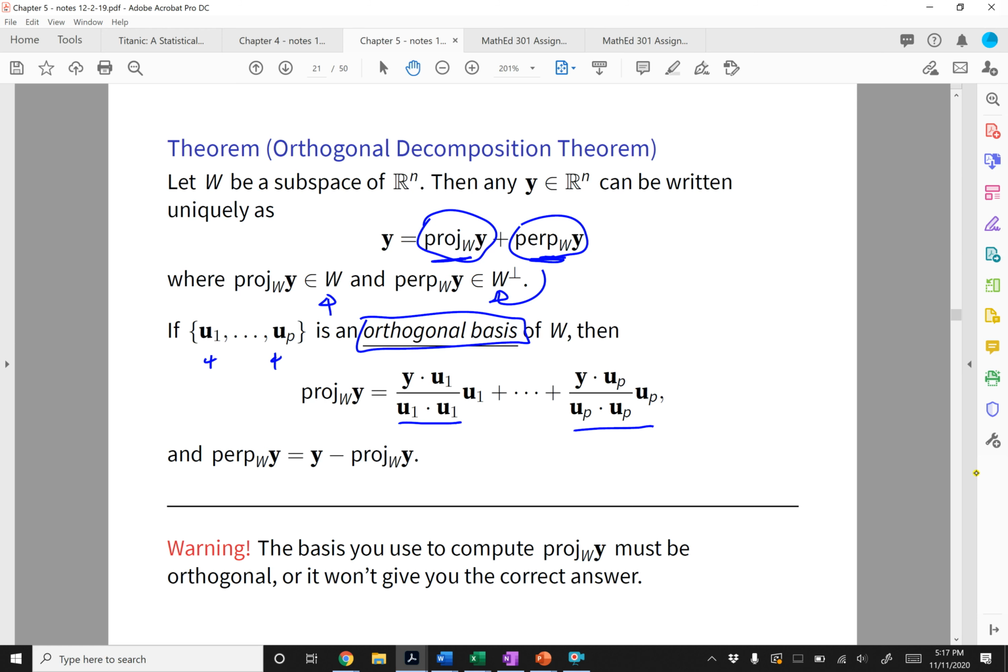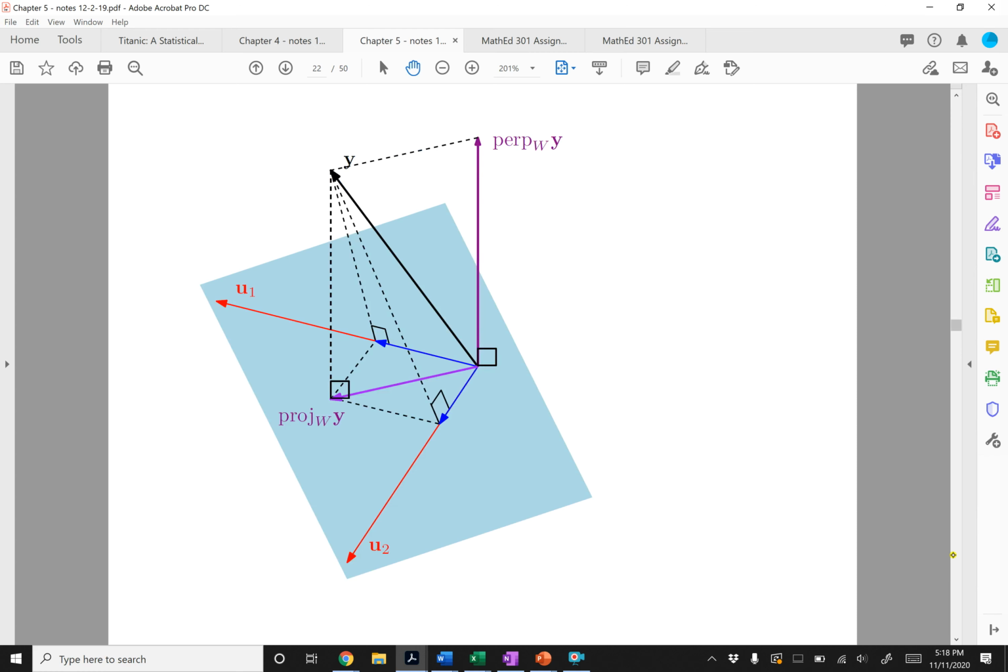So once you get the projection of y onto the subspace, then you can just subtract that from y, and what you have left is the piece that's in the orthogonal complement of W. Let's look at this to help make sense of what's going on. So here's our y right here. W is this blue plane, and so you can see the projection of y down to here.